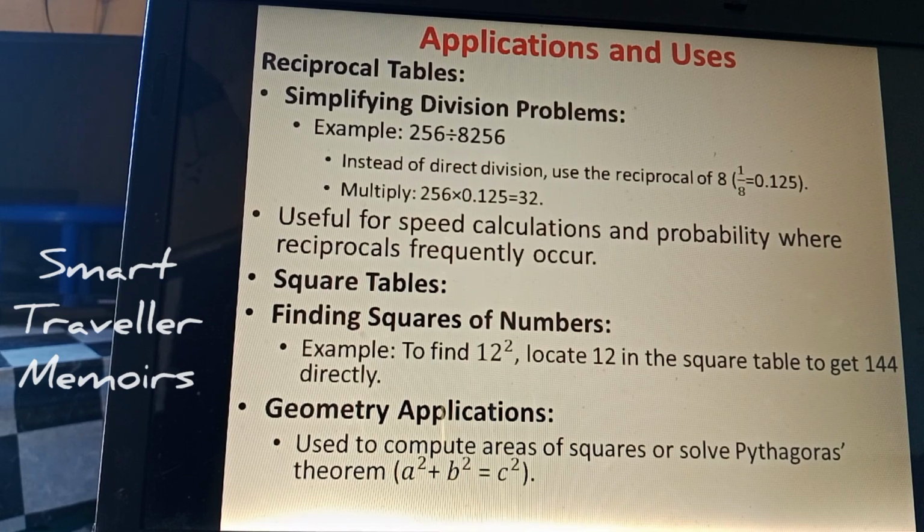Reciprocal tables, simplifying division problems. For example, 256 divided by 8.